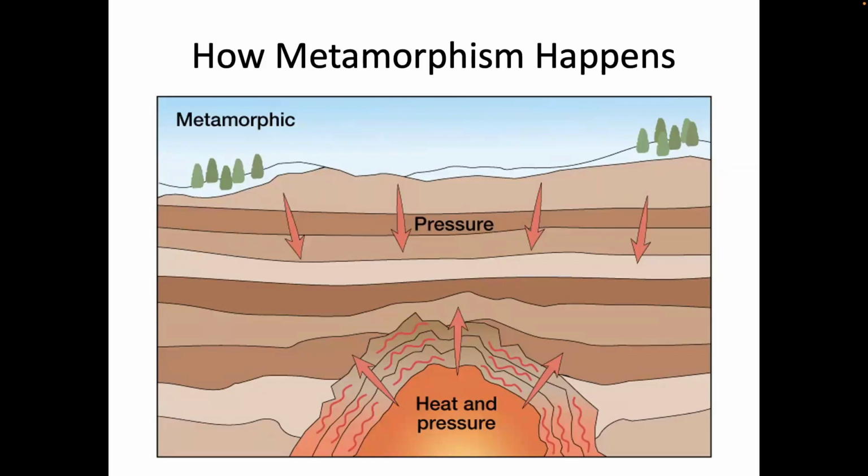Think about that. A bubble of liquid metal bubbling up, pushing against the lower surface of the crust. And that pressure and that heat from all that molten rock also heats up the area above it. You might think, that doesn't even make sense. Well, it should make sense, and here's why.